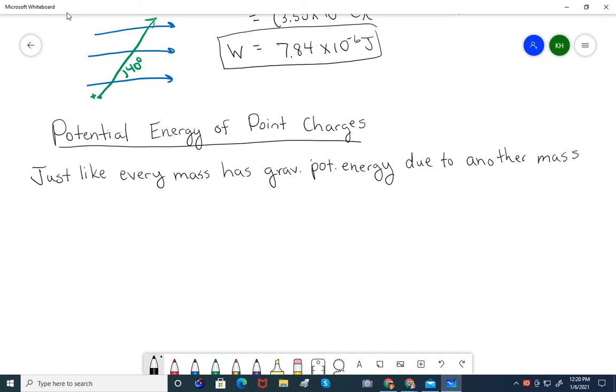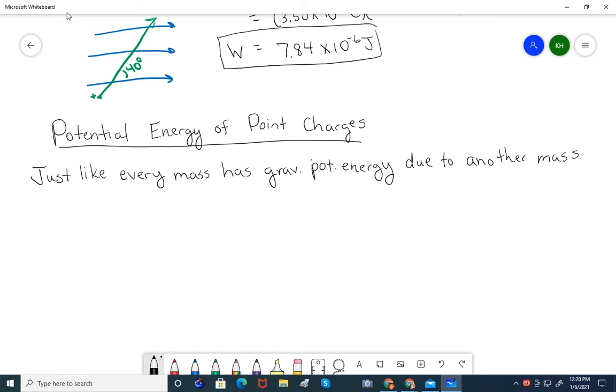Now, most of the time, we think of things having gravitational potential energy due to the mass of the Earth. But basically, every mass has gravitational potential energy due to every other mass. Okay?